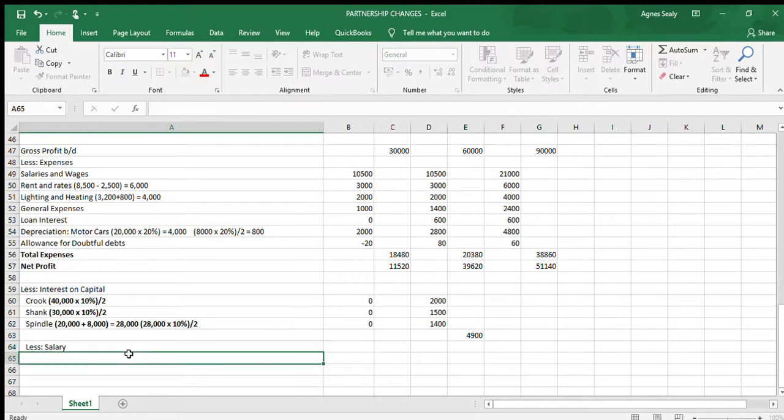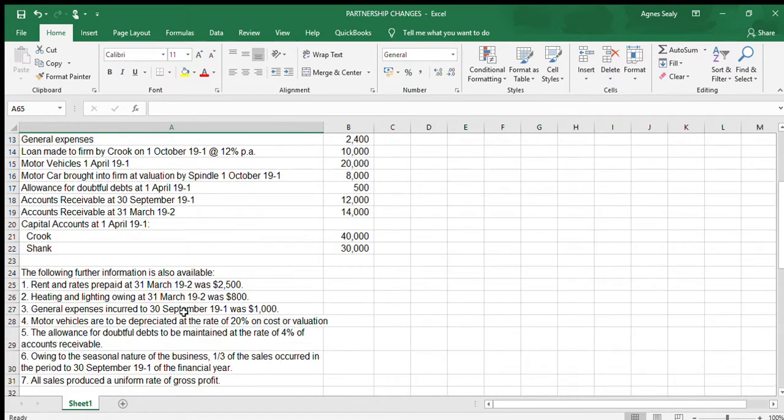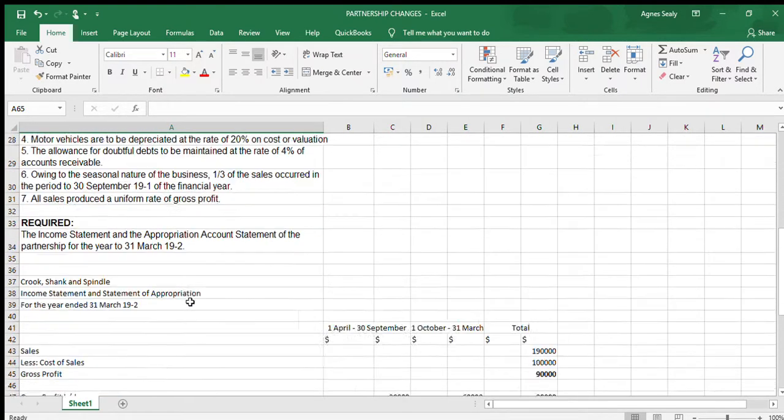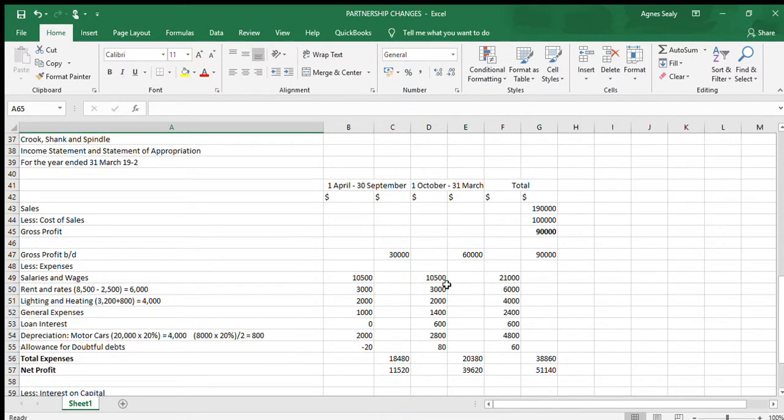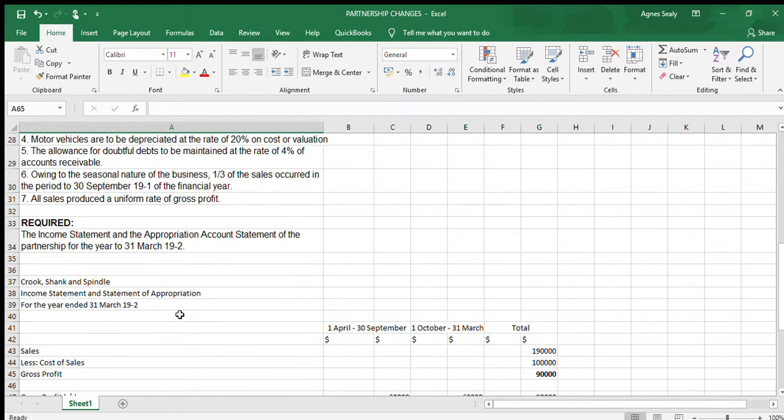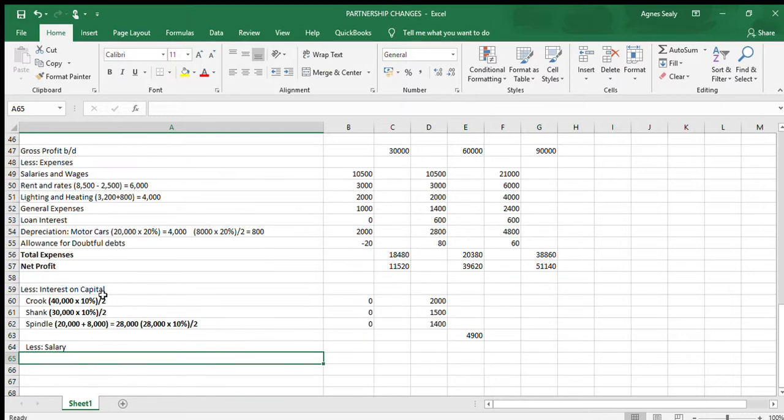that were being paid to the partners, and remember that a salary paid to a partner is not like an office worker who is being paid, because for the office worker, salary and wages are here in our profit and loss statement. But the salary for a partner is something like a drawing.